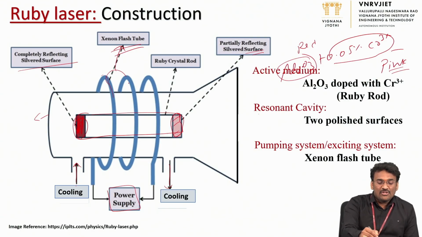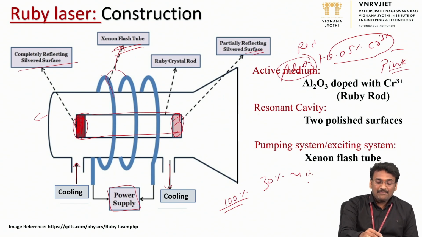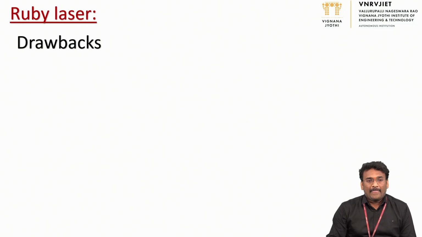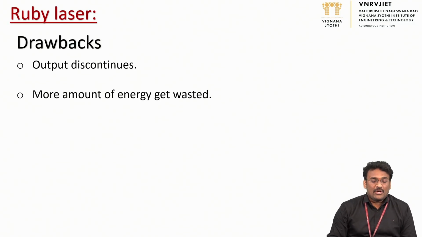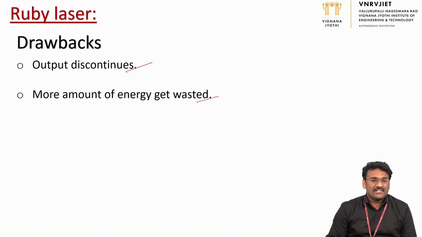The xenon flash tube gives around 100% of energy, but the ground state chromium particles hardly use 30 to 40% of it, and the remaining 60 to 70% unnecessarily heats this glass tube. So a lot of energy gets wasted. For that purpose we use a cooling arrangement. So that is another drawback here. I am repeating the drawbacks: first, the output is discontinuous, and second, a large amount of energy gets wasted in the ruby laser.